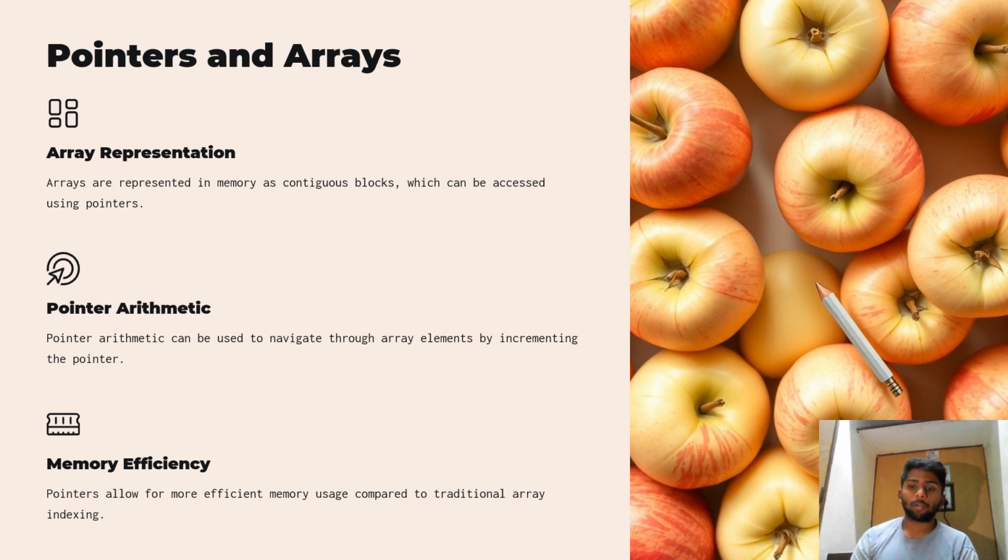To represent an array through pointers, we use int star ptr. When the compiler needs to go to some stored information whose address it doesn't know, we use a pointer, which holds the location of the information. Memory efficiency: pointers allow more efficient memory usage compared to traditional array indexing.